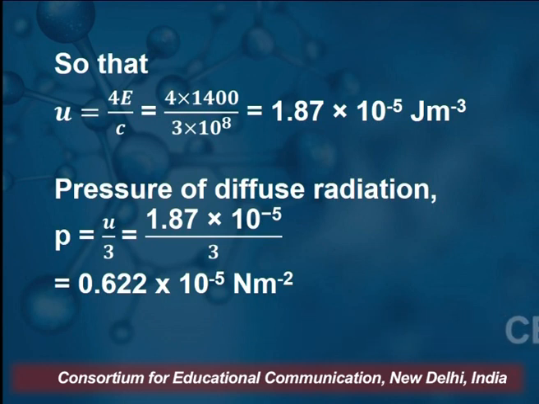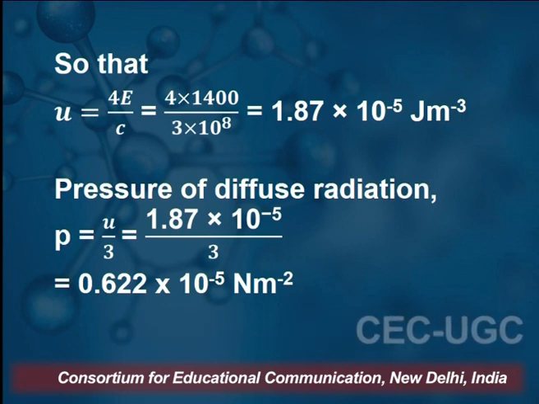Now check the units. What is small u? Small u is energy density. It means energy per unit volume. So joule is representing the units of energy and meter cube is representing the units of volume. If we take it in the numerator, we get meter minus 3.